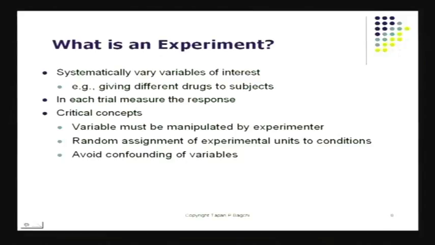And something else we should also try to do, and this is somewhat of an advanced concept, is to avoid confounding of variables. That means when manipulating one particular variable, another factor should not be confounding the same effect. For example, I'm trying to find the effect of one factor, let's say that's my left hand, and I'm trying to do something with my left hand.